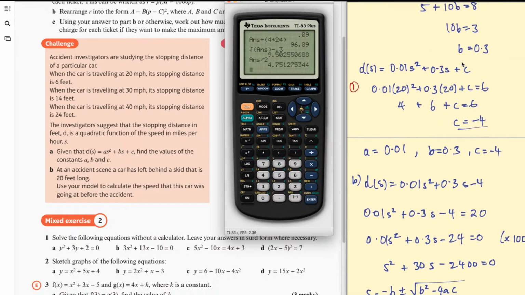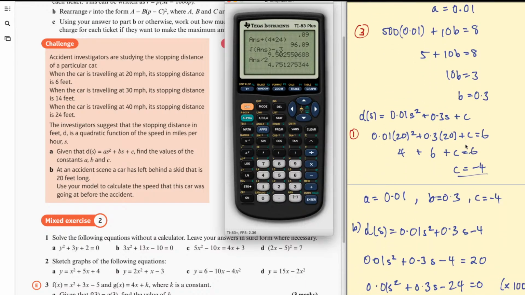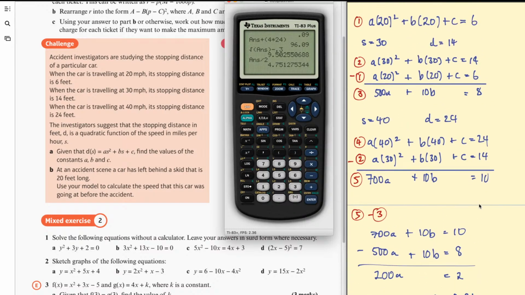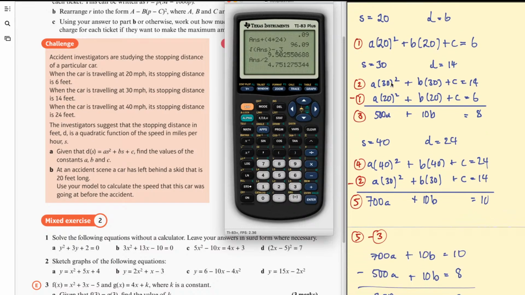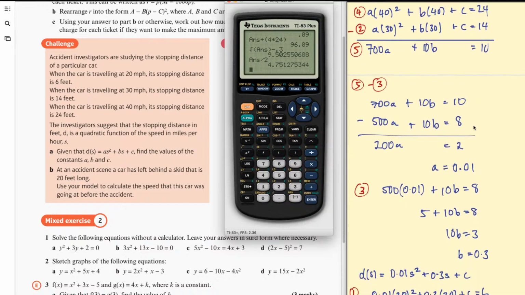Maybe my A, B, and C up here are wrong. It's 5, 3.3. So 1600, 900, that's 700.